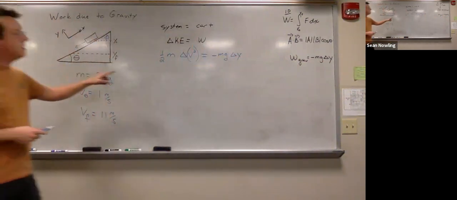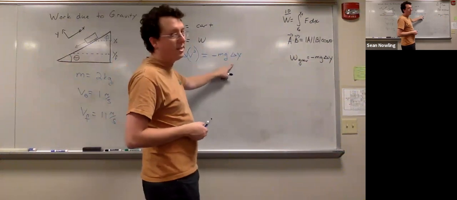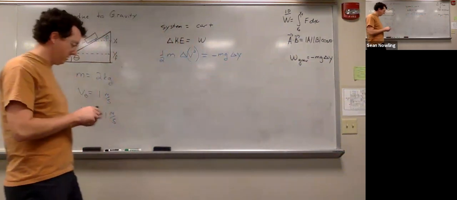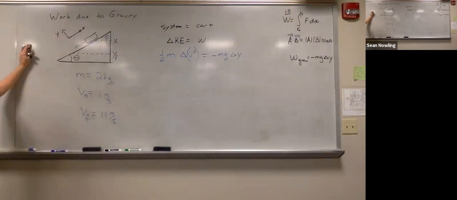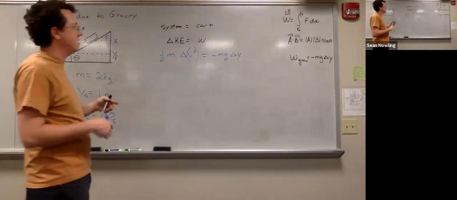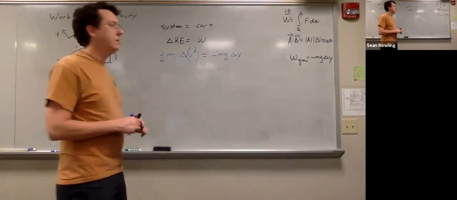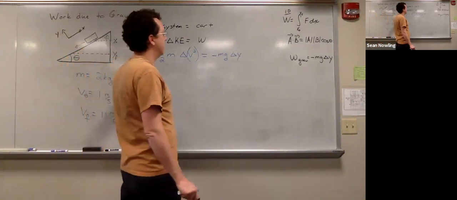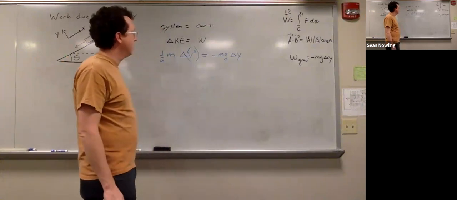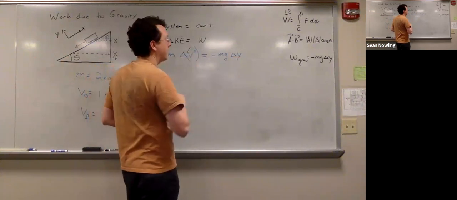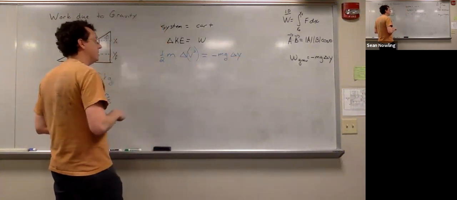Notice, if I phrase it this way, I don't even have to tell you the angle. It doesn't matter. That's kind of really weird, actually. You would think it's got all these dot products. How can it not actually care about the angle of the hill? We'll come back to that when we talk about potential energy.